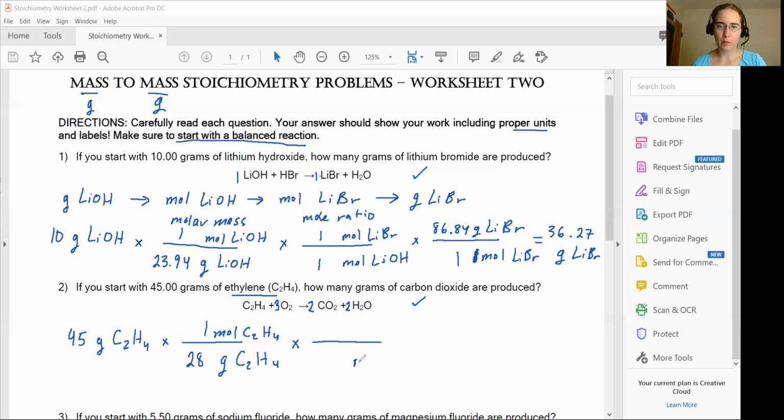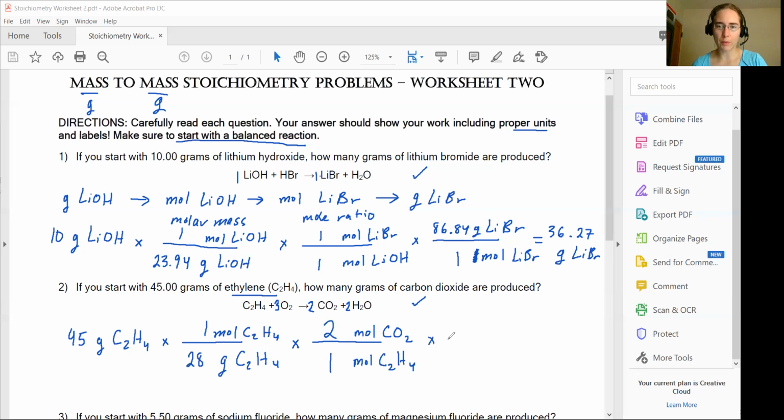So moles of ethylene go on the bottom. Moles of CO2 go on the top. And then looking at the mole ratios in the balanced equation, there's a 2 in front of CO2, and there's a 1 in front of C2H4. So that gives us our mole ratio.